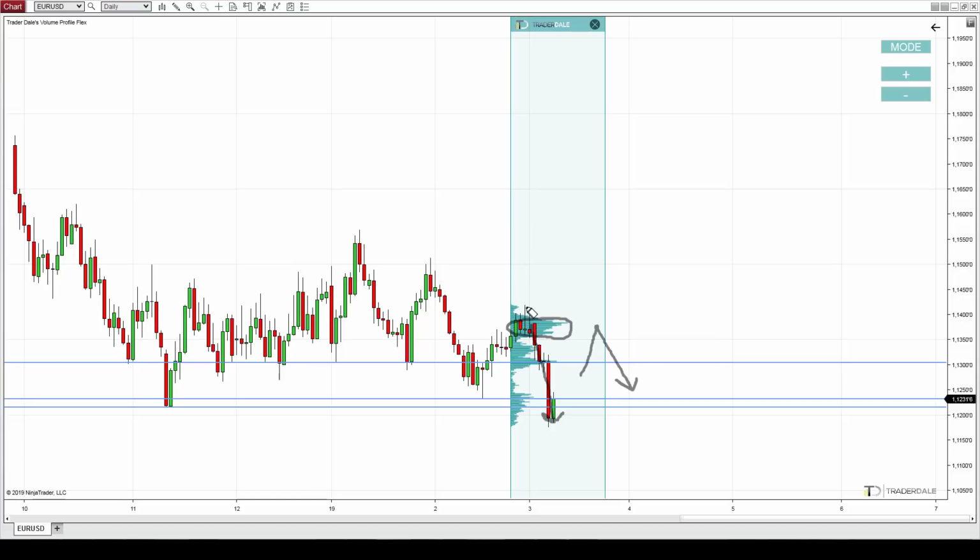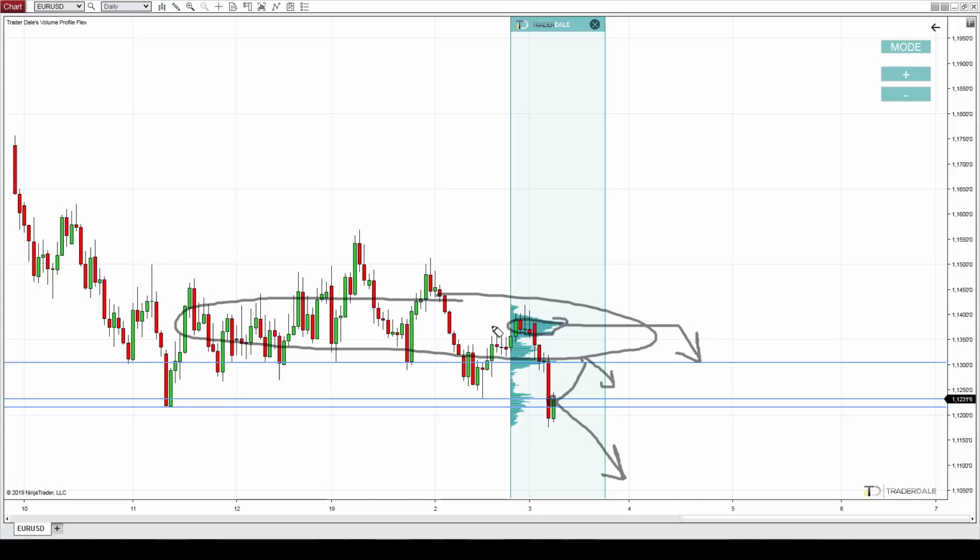I wouldn't be really surprised if the price reacted to the first one and went into the downtrend. But it also can happen that it will go back into this rotation and it will react to either of these resistances, but those are the strongest resistances on the euro dollar right now.